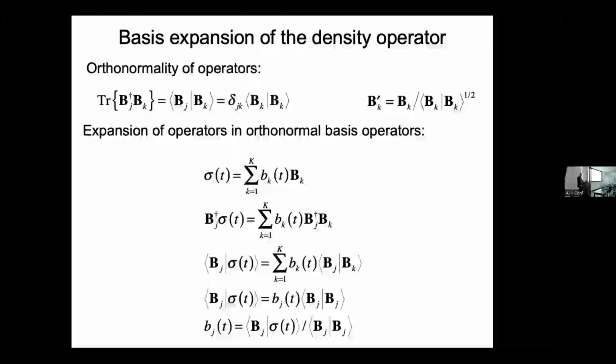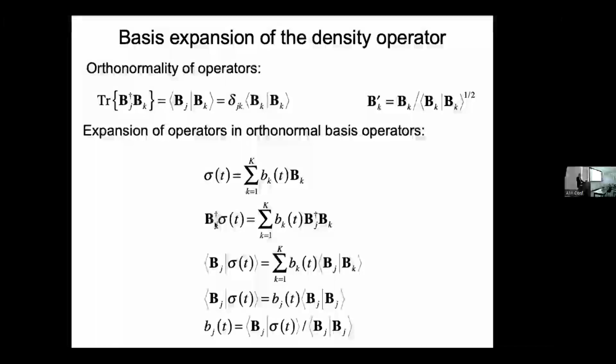That's shown here. So we have the density operator, and I can write it as a linear combination of some basis operators with some number, possibly complex, that represent how much of each operator is present.